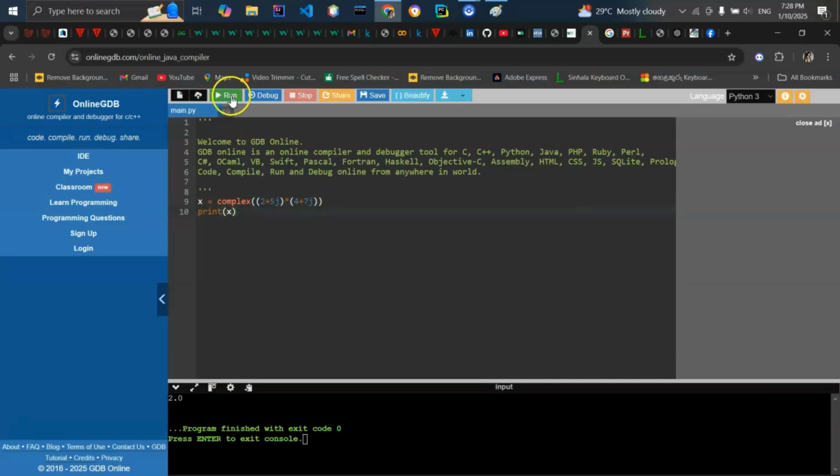The output is this, you can see. How can we do this in maths? Let's move on to see it.